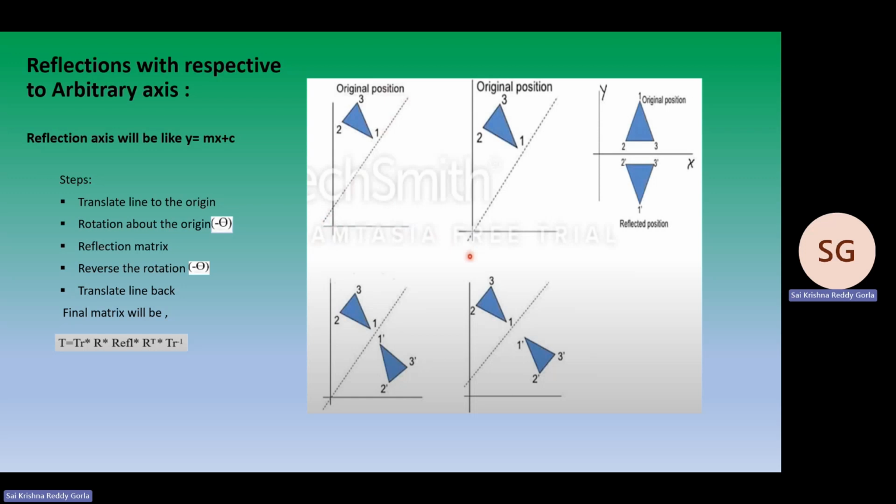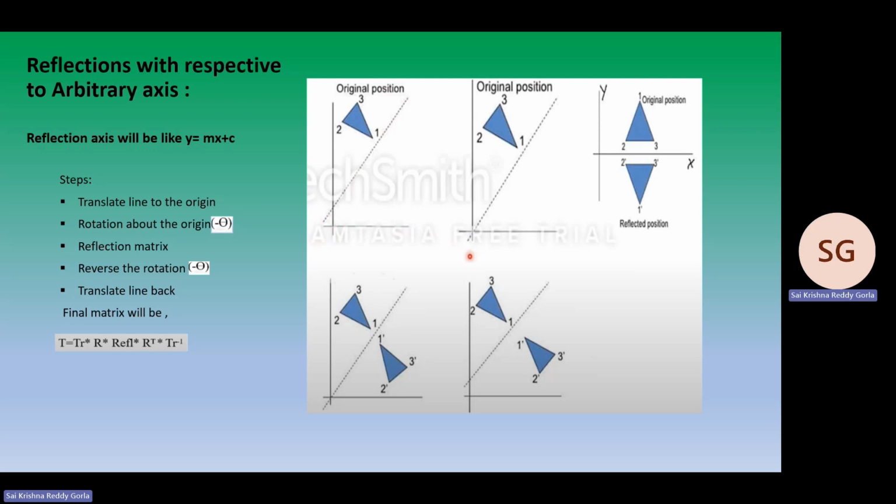Here you can see the following steps. First, translate the line from the arbitrary position to the origin, as shown here, and then rotate it by minus theta so that it aligns with the axis. Then apply the reflection matrix. After that, the rotation is reversed by the opposite angle, as we see in the following image. Then translate the line back from the origin to the original arbitrary position.